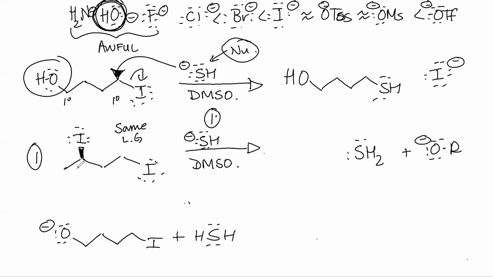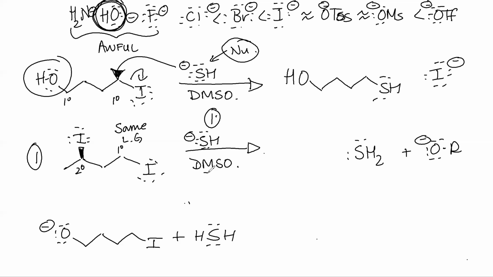Would it react at the secondary one or would it react at the primary one? Okay, primary, and why would it react at the primary one and not the secondary one? That's correct. Exactly. Less steric hindrance, it's easier to access.